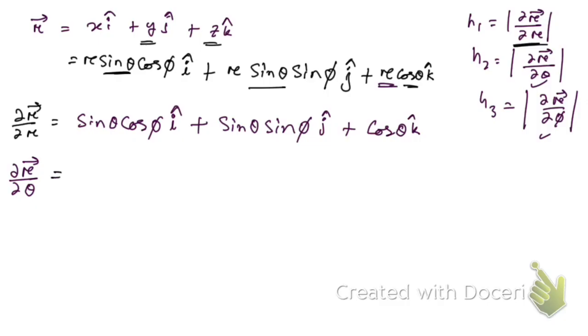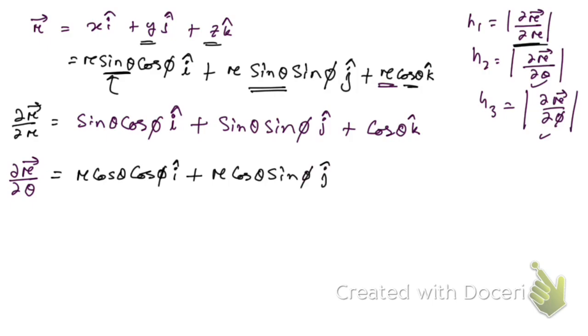Then the derivative of sine theta is cos theta, so we get r cos theta cos phi i cap, and the derivative of sine theta is again cos theta, so r cos theta sine phi j cap, plus the derivative of cos theta is minus sine theta, so here we write minus r sine theta k cap.